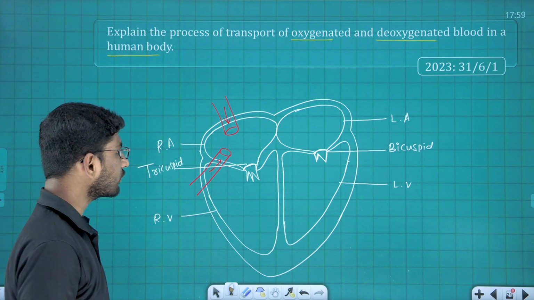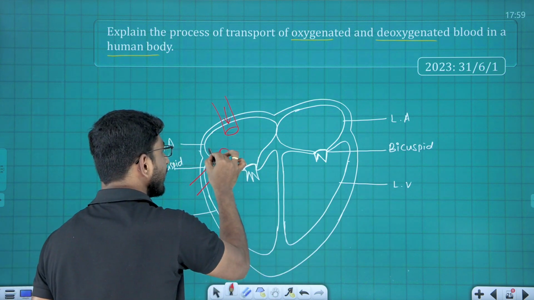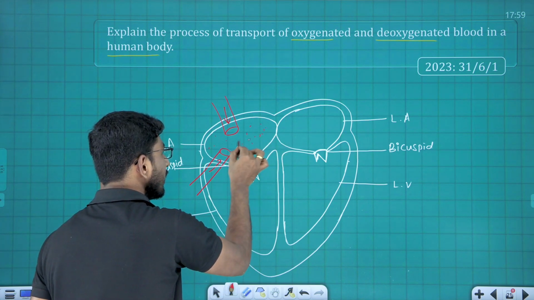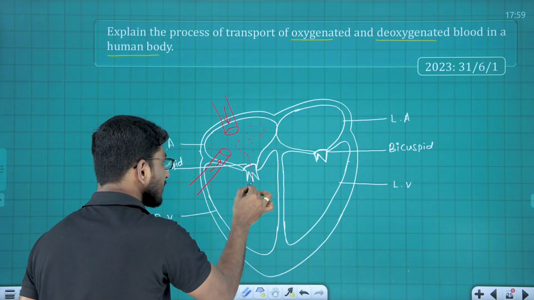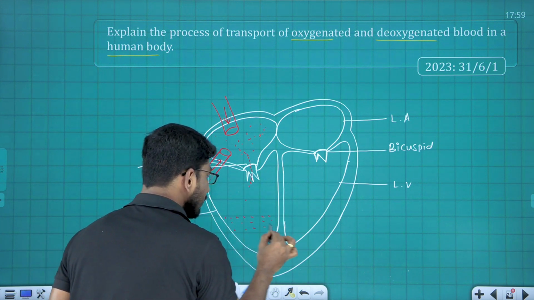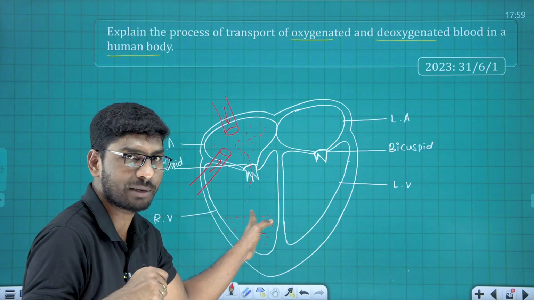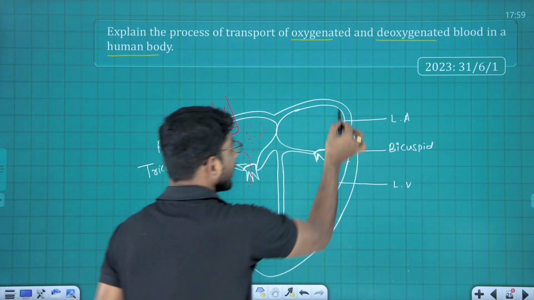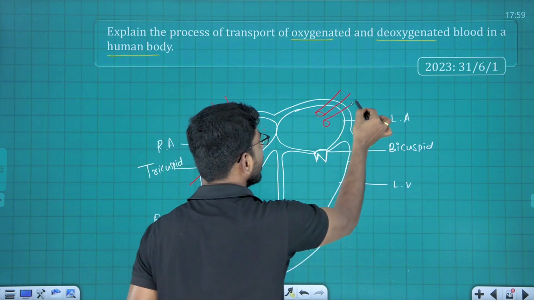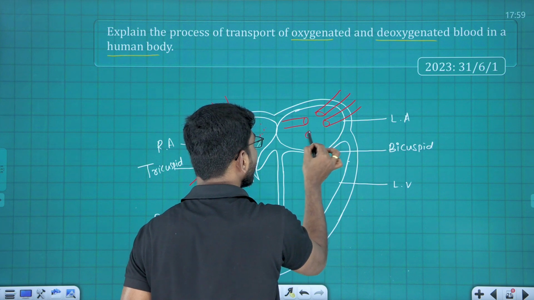Carefully look here. When deoxygenated blood is collected from different parts of the body, it is transferred through this tricuspid valve into what? Tell me. Into the right ventricle. This is what kind of blood? Tell me. Deoxygenated blood. The left auricle receives oxygenated blood from the pulmonary veins, like this. How many pulmonary veins? 4 pulmonary veins.